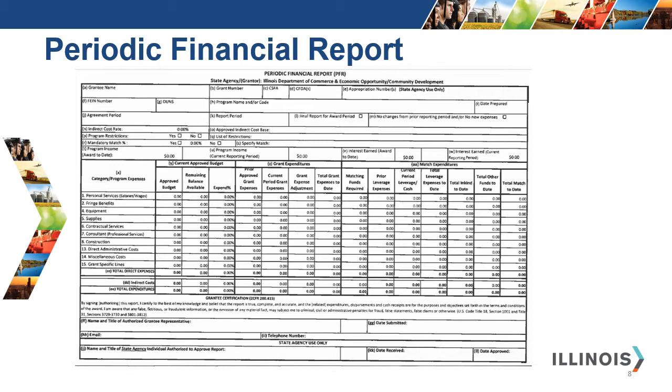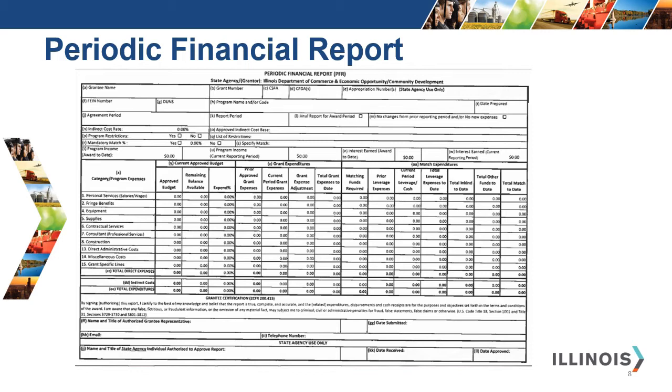In cell Y, please fill in the category and approved budget amount from the Exhibit B of the grant agreement. If you are reporting expenses for the quarter in which you are reporting on, please list those expenses under current period grant expense. If you are reporting a match or other fund amount, please list it as either cash or in kind, and then list the total match or other fund amount applied to date.